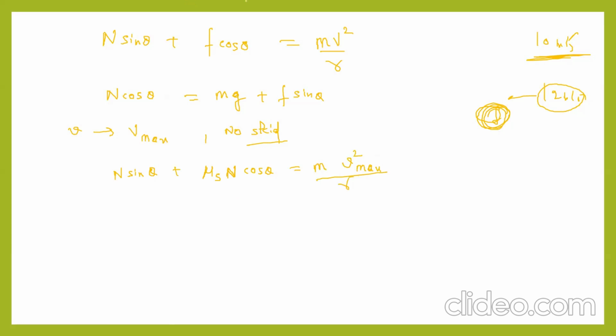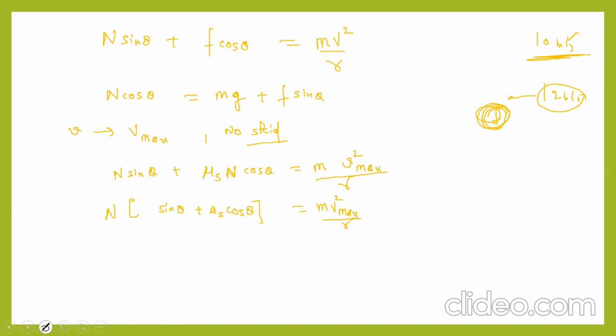Now put the value of n. Just take n common. If you take n common from here, it will be sin theta plus mu s cos theta, equal to mv square by r.